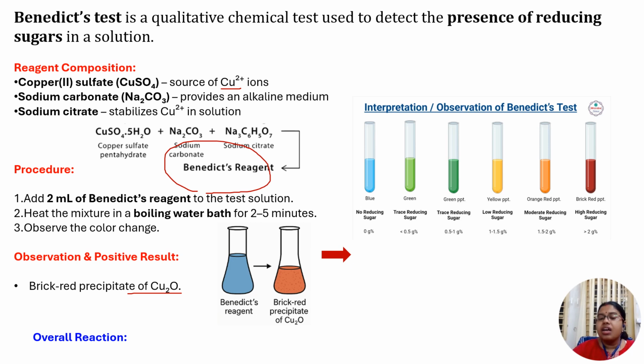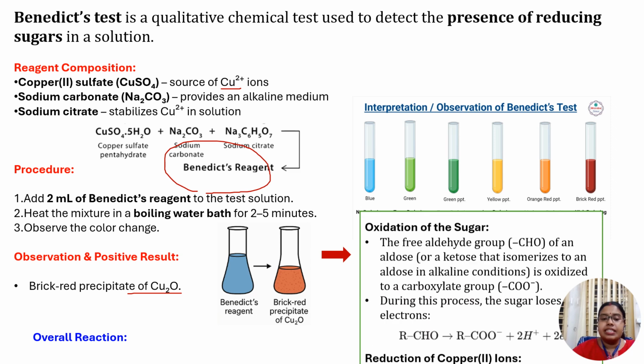Sometimes green, dark green, yellow, or orange precipitates can also come, depending on the percentage of reducing sugar in the sample. If the concentration of reducing sugar in the sample is maximum, then the brick red color will appear. What is the overall reaction?